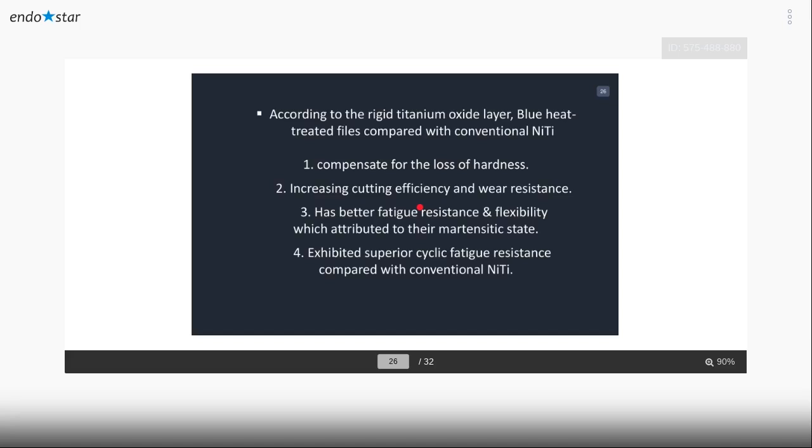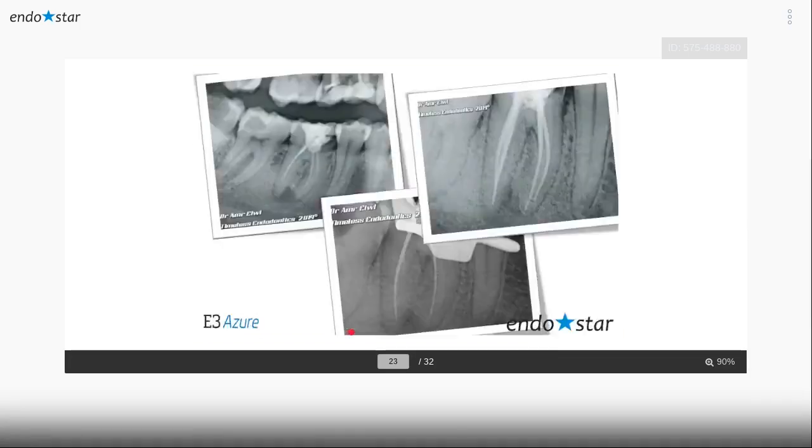The points that I was talking about: it has better fatigue resistance and at the same time flexibility due to the martensitic matrix. The last point, superior cyclic fatigue resistance compared with conventional nickel titanium. As I talked about in the beginning of our webinar, if you see the curve here, I will return back again to it.